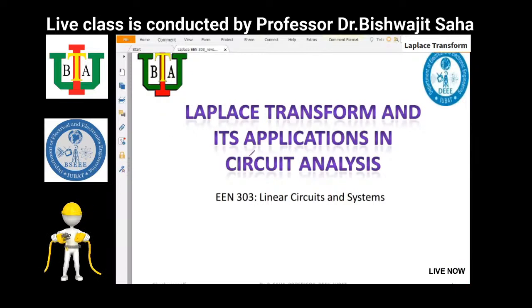In frequency domain, Fourier series is also a frequency domain analysis, but Laplace transform is a little bit different from Fourier transform, although Laplace transform comes from Fourier transform. The basic form of Laplace transform is actually Fourier transform.